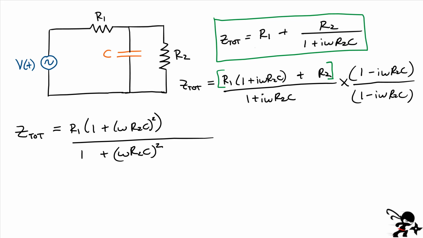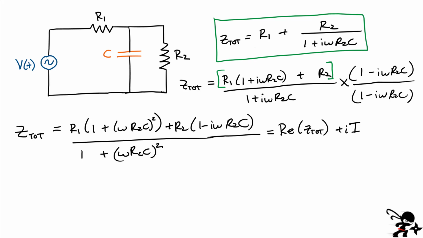And then the last term here is plus R2, 1 minus I omega R2C. All right, now this might look really complicated, and it is. However, it's easier to separate out the real part and the imaginary part, okay? Because you can write this as a real part of Z total plus I multiplied by the imaginary part of Z total. All right, so let's continue with the math.